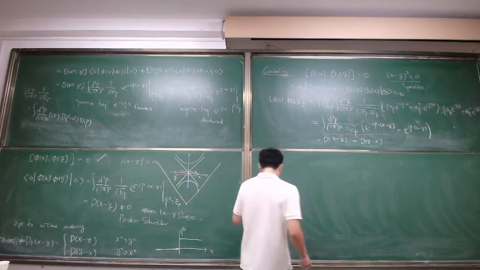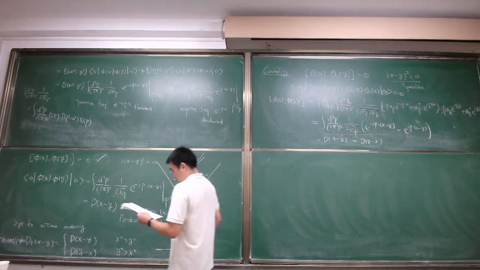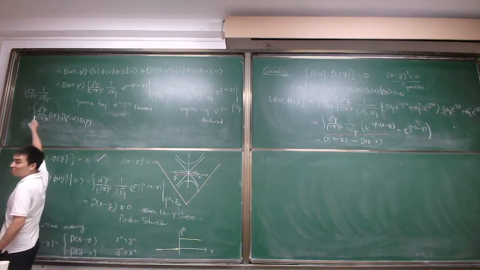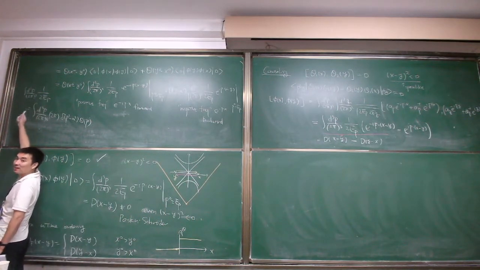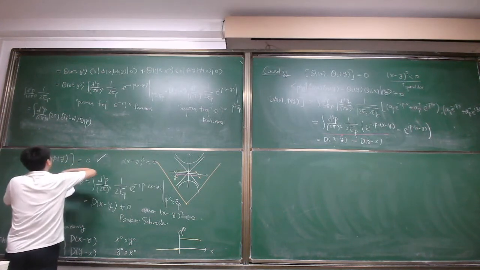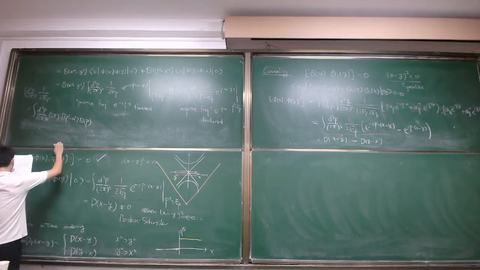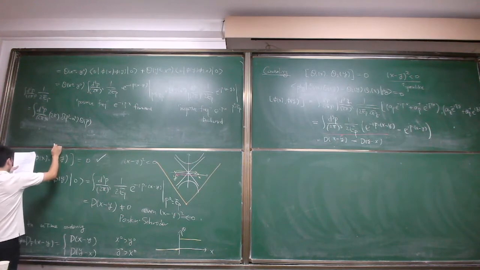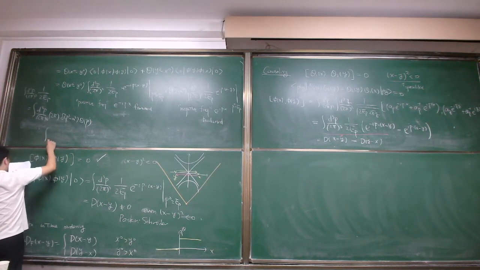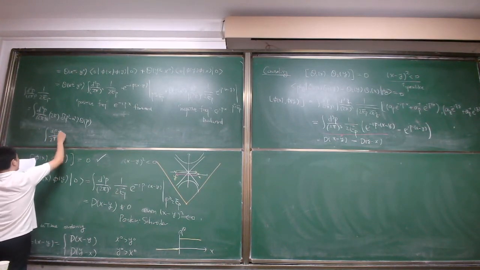So to this end, again we add the p0 integral to make it manifestly Lorentz invariant. So again, dp0 over 2 pi.